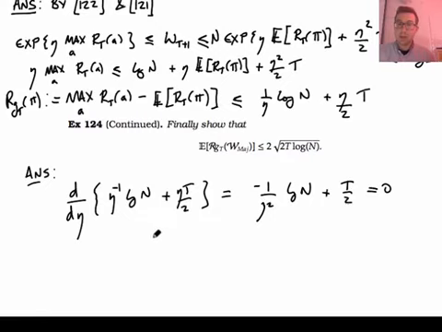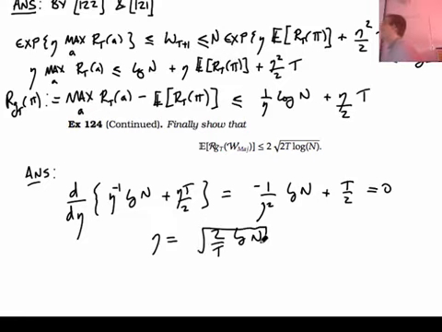That implies that eta is equal to, let me get it right, log n, that goes over there, 2 over t, square rooted, yeah, I think that's right.